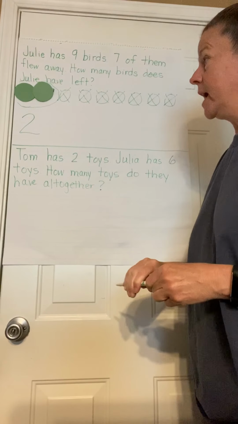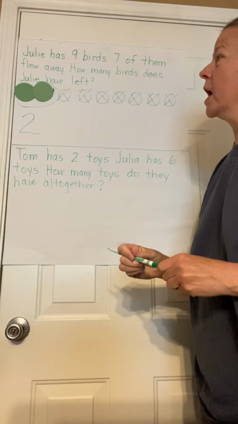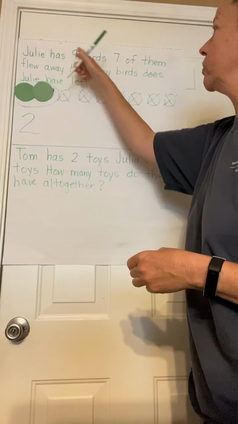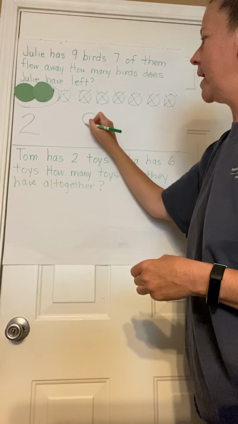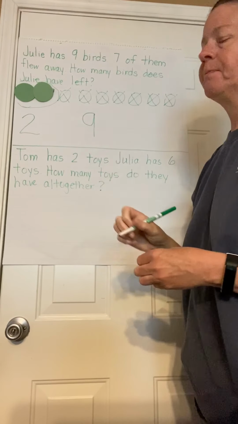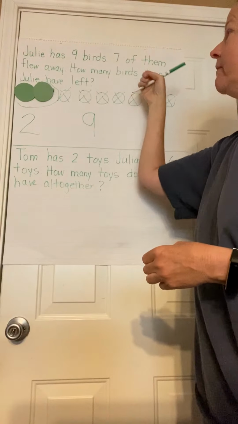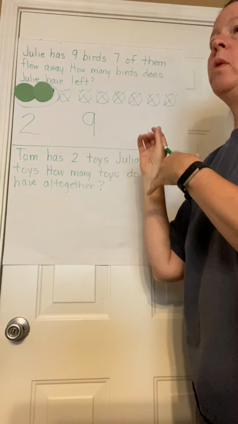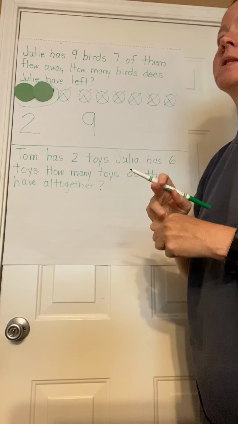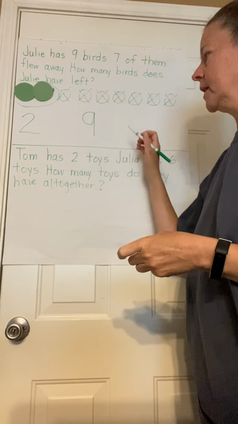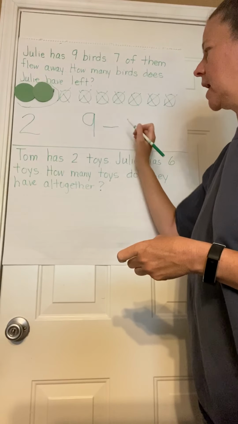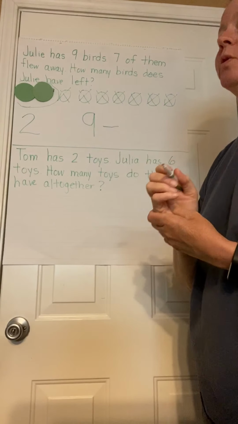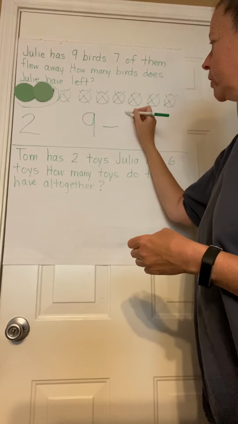All right, so now if we want to write that equation, we start with how many birds. Julie has 9 birds, so we have to make a 9. And then it says 7 of them flew away. So if they flew away, we're taking them away, and the takeaway symbol is what? Yes, a minus sign, which is just a line across like that. 9 minus, how many flew away? 7 of them flew away.